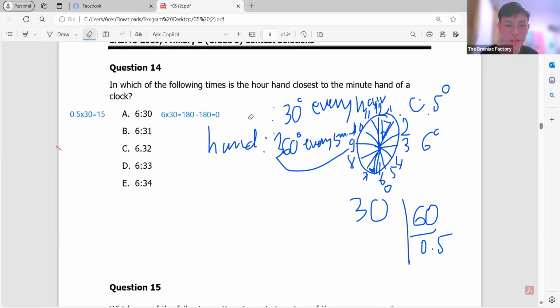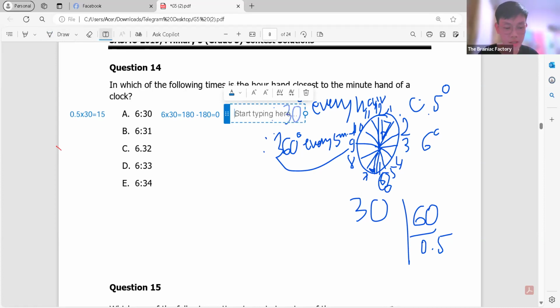Currently I am finding the distance from the number 6 here. So our distance is gonna be 15 degrees. Okay, how about another one?